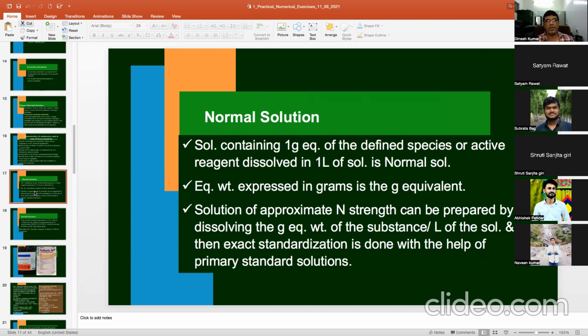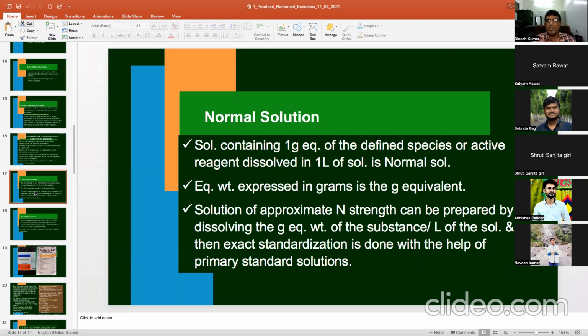Now you have seen standard solution, now you see normal solution. What is a normal solution? They are frequently used in chemical analysis. You need to prepare solutions of different substances, different acids. A solution containing 1 gram equivalent. Remember, it is solution, it is not the solvent.